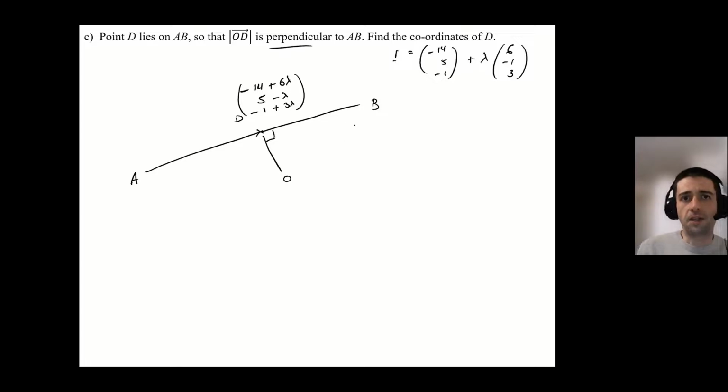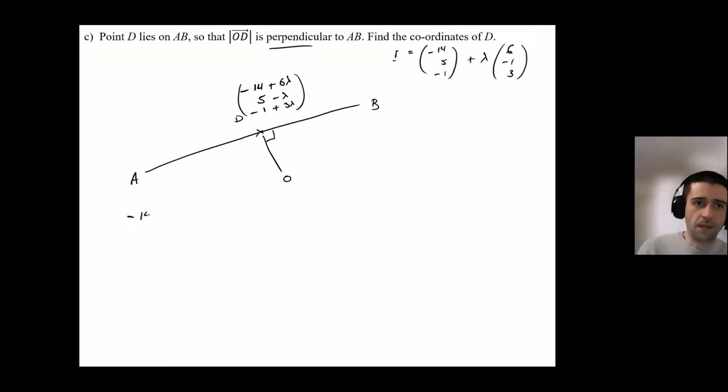And now these 2 vectors are perpendicular, which means there's going to be a dot product equaling 0 somewhere. Now I need the direction vector of this line from O to D, which I can just use this point here because it's relative to the origin. And I also need the direction vector of the line A to B, which I've got here in the equation.